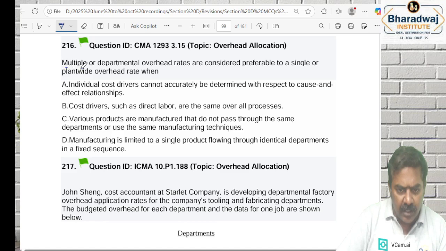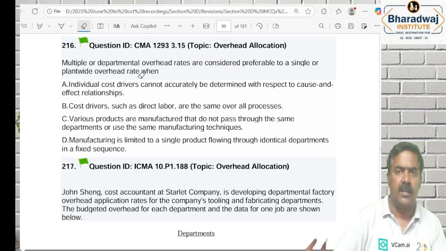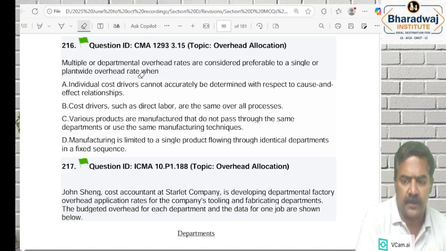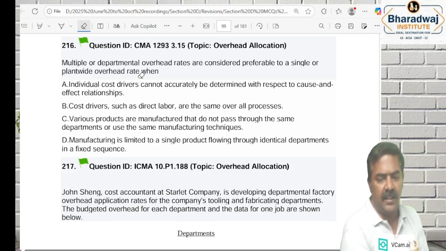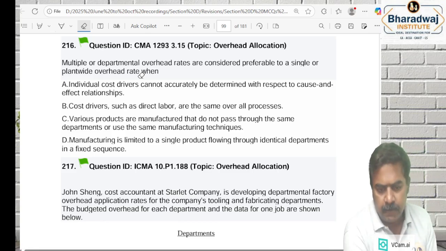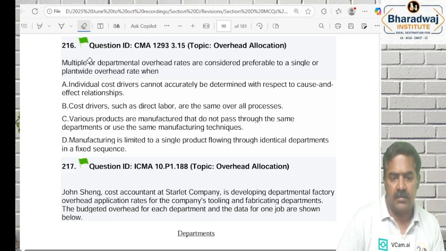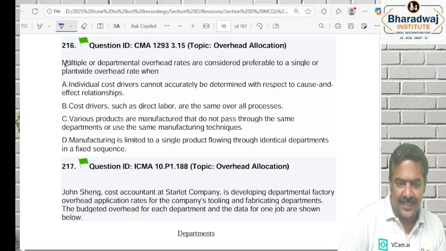We want to go for departmental rates instead of a single rate. Instead of applying for the whole plant a single rate, department-wise we want to go for it. A or B, sir? Think. Cost driver is same, B? No, it's not cost driver same.